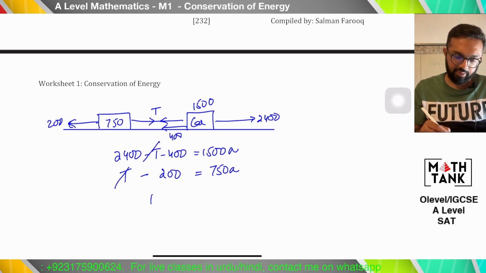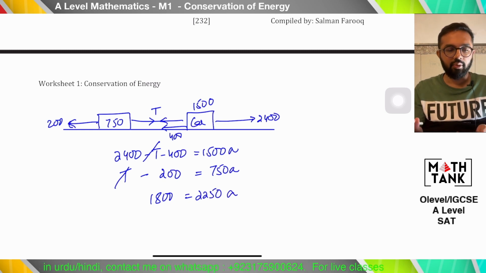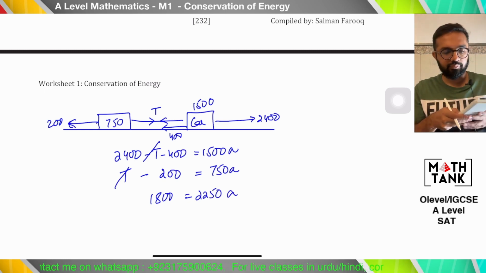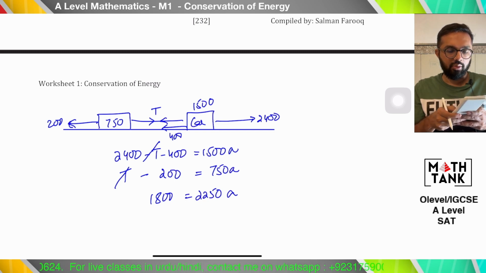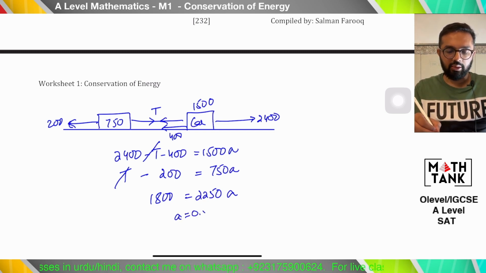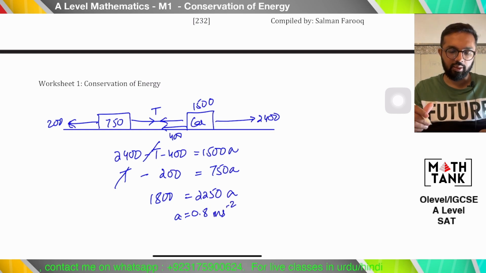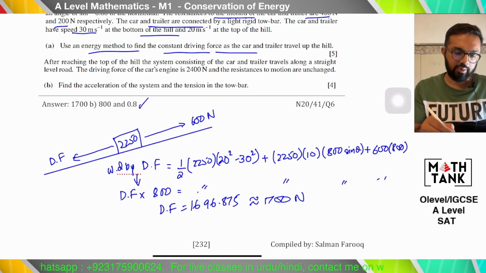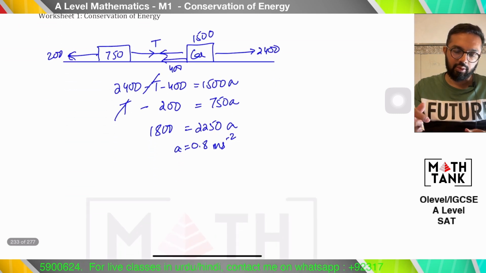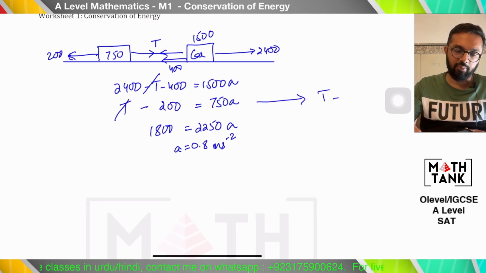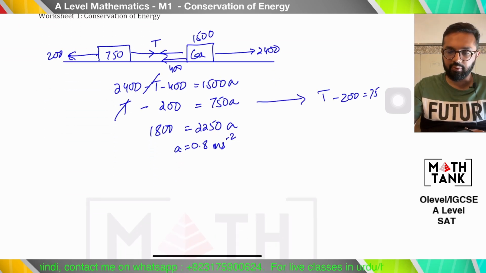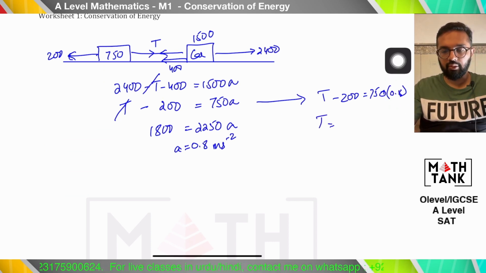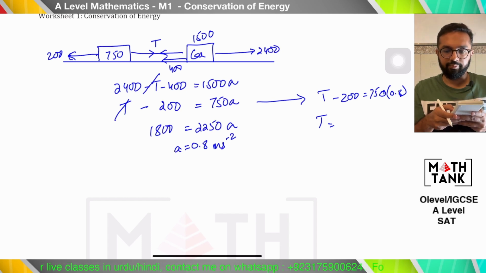I'm left with 1800 equals 2250 A, so A is 0.8 meters per second squared. That is the correct answer. And for T, I think T should be 800.